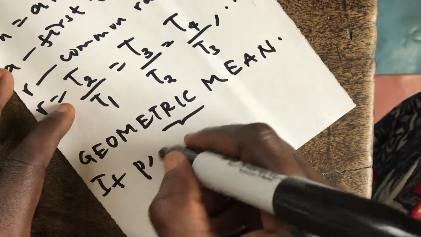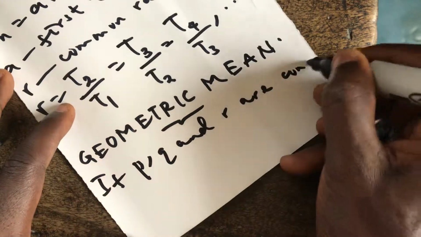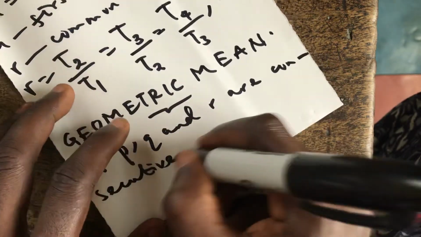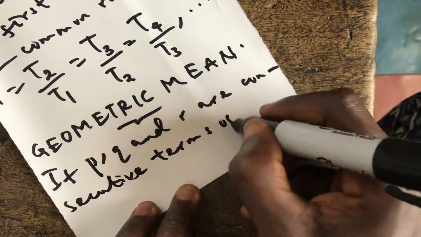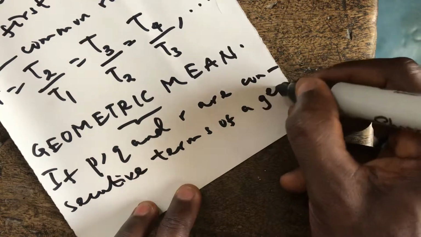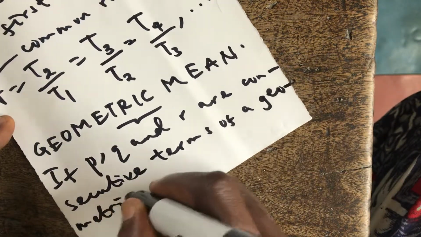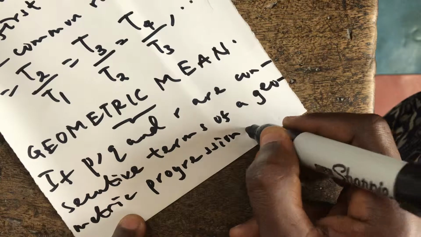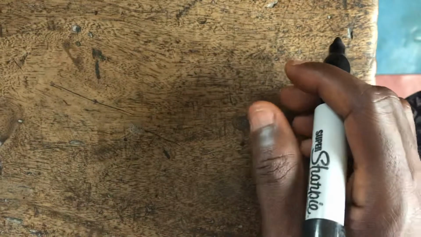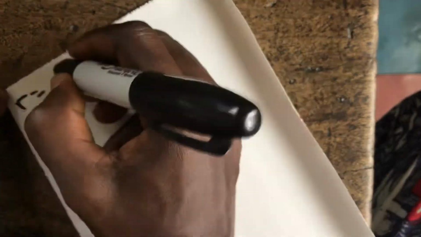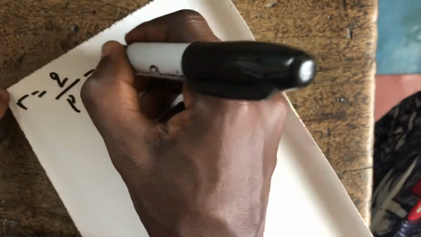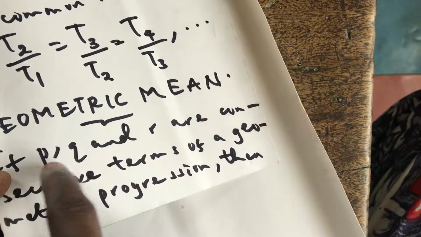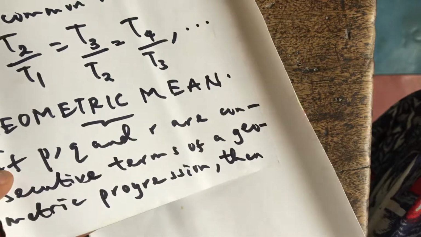If P, Q, and R are consecutive terms of a geometric progression, or you can call it an exponential sequence, then the common ratio is Q over P, and it's also R over Q.